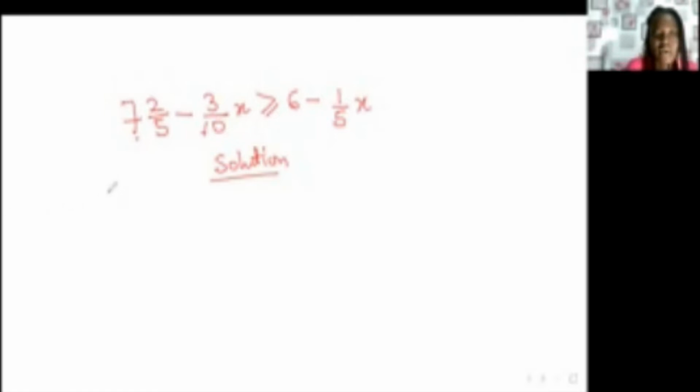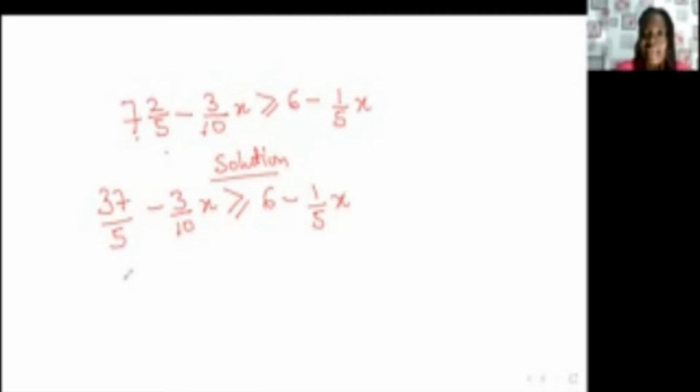So we are going to have 37 over 5. And that was the only mixed fraction in the question. So 37 over 5 minus 3 over 10 x greater than or equal to 6 minus 1 over 5x.